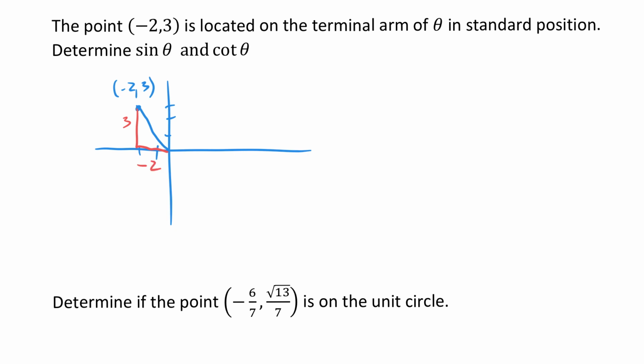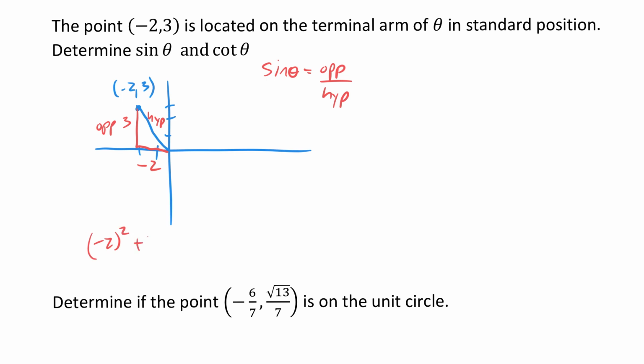We're actually looking for sine theta. And based on SOHCAHTOA, sine theta is going to be opposite over hypotenuse. This is the opposite side, but the hypotenuse is missing. So we have to do a little bit of Pythagoras on the side.